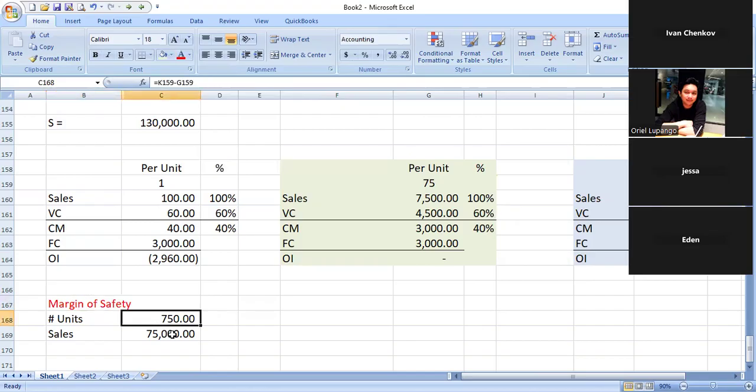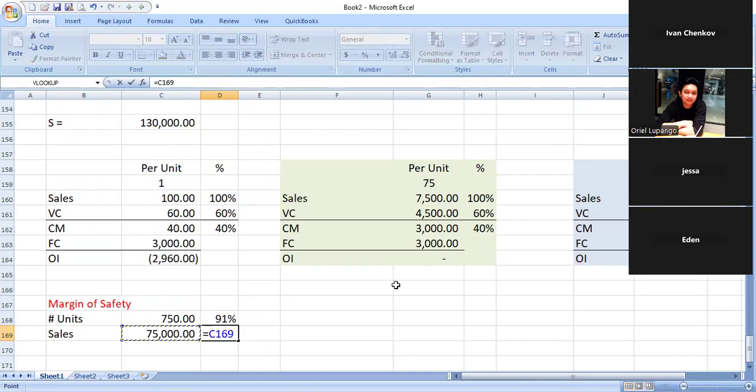Margin of safety can be expressed as a number of units or as a percentage. How much will it be as a percentage? 750 divided by your current sales. So your margin of safety as a percentage is 91%. And as a dollar amount, it should be exactly the same.